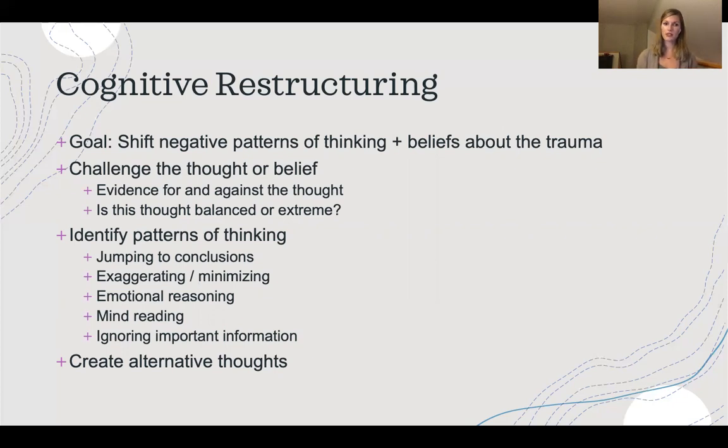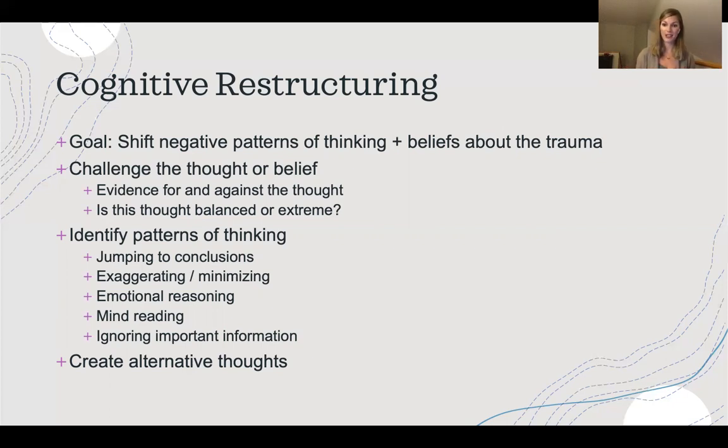We would also spend some time here identifying patterns of thinking. There are a number of different unhelpful thinking styles that a lot of people engage in. So we might try to identify, are you jumping to conclusions with this thought? Are we exaggerating or minimizing? Are we using emotional reasoning? I feel this way and therefore this must be true.